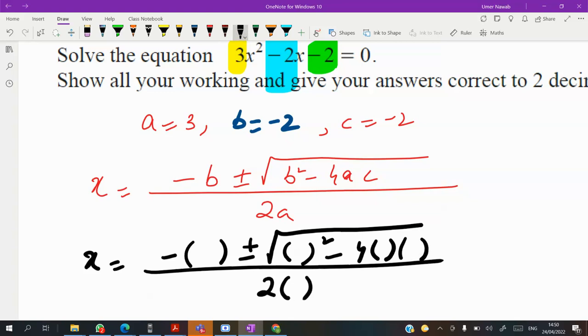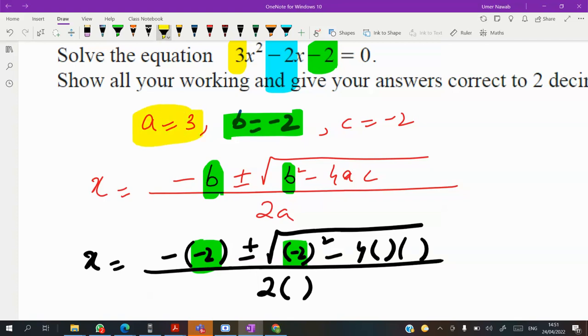As you can see, our b is given to us as minus 2, so I'm going to plug it here. Then we have our a, 3. Then we have our c, minus 2.